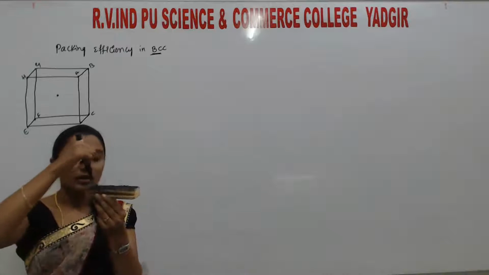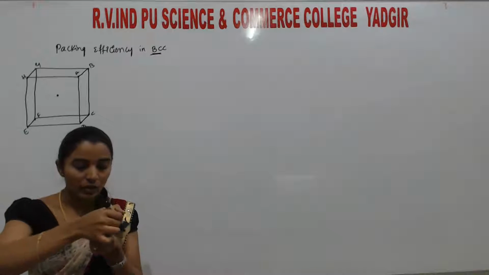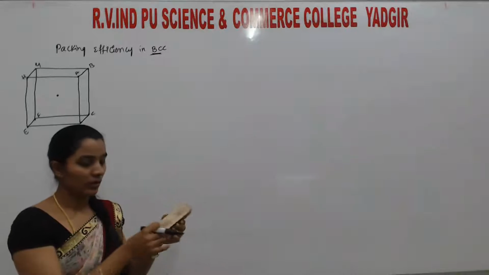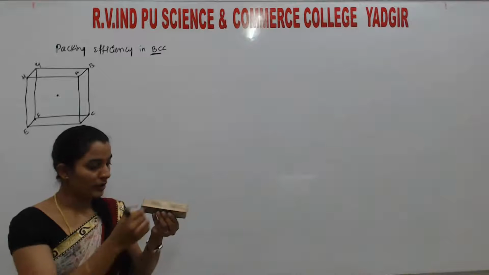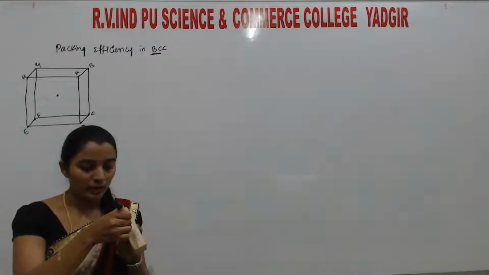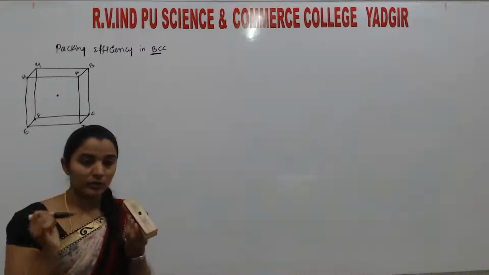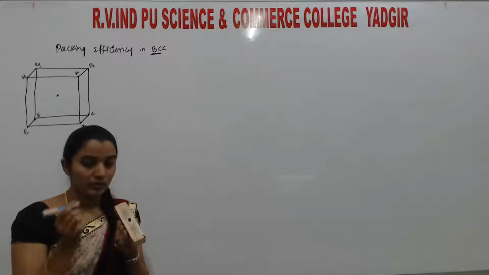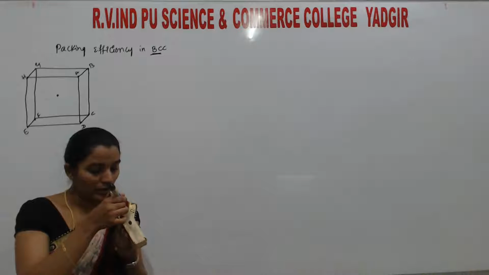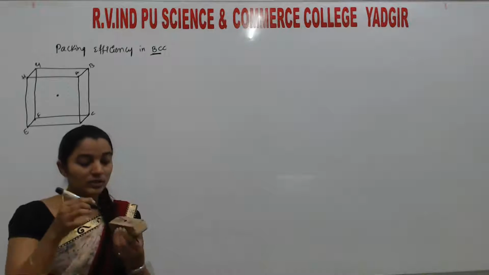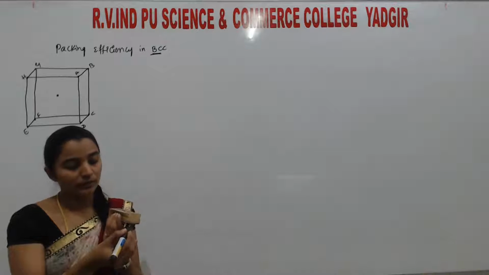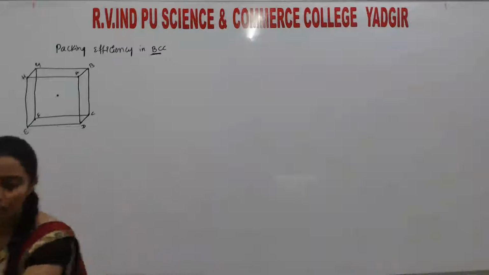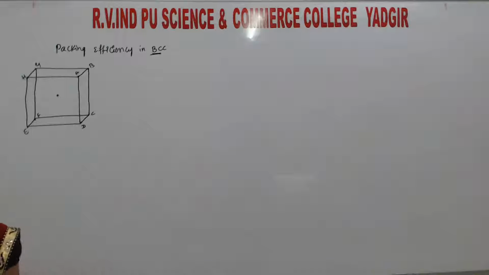Along the diagonal we are considering, these are the corner positions. We are considering from this end to this end, the body diagonal.